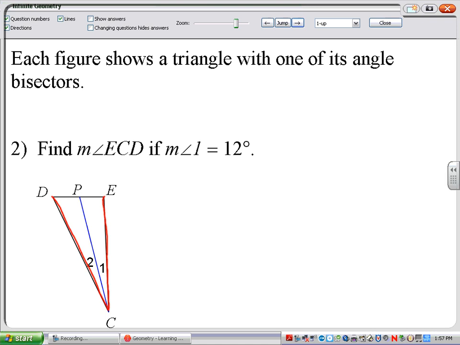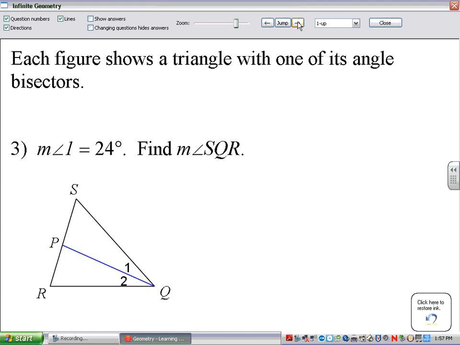So we're asked to find it if the measure of angle 1 is 12. Well, if angle 1 is 12, then angle 2 is also 12. So the two small angles are both 12. Then the big angle would be 12 times 2, or 12 plus 12, or 24. Number 2 is 24.